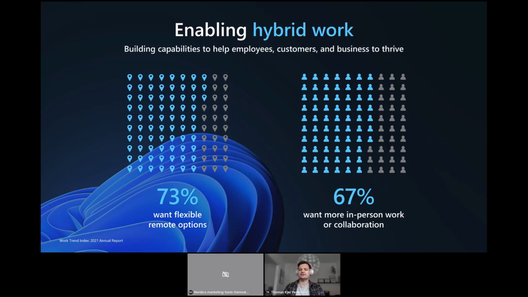At the same time, a lot of people still said that they wanted more in-person collaboration with their colleagues. And to top that off, 80% of the managers that we interviewed in that research told us that they expect more flexible work options are here to stay, even now in a period where we're removing restrictions more or less across the board here in our region.